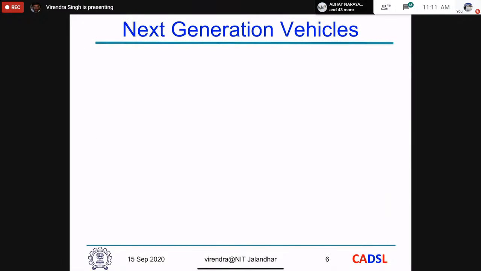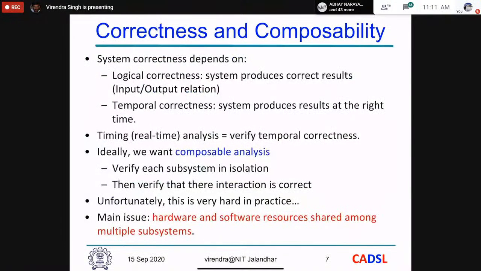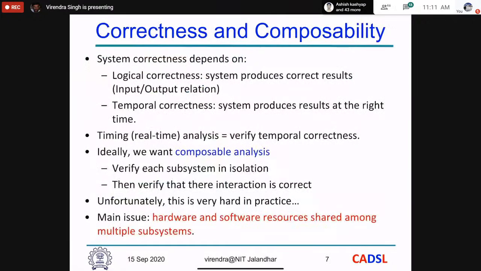Next generation vehicle that we discussed in the last presentation as well, that we have autonomous cars, and autonomous cars have to ascertain that they always maintain safety and work correctly. So the correctness is very important, that we cannot give way.